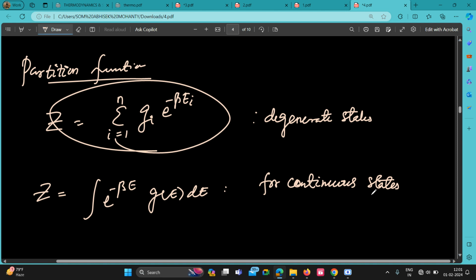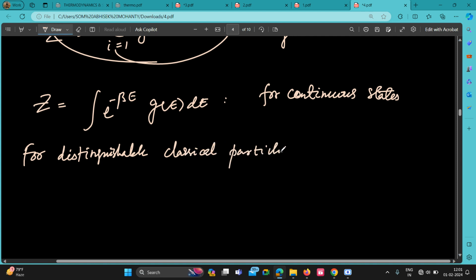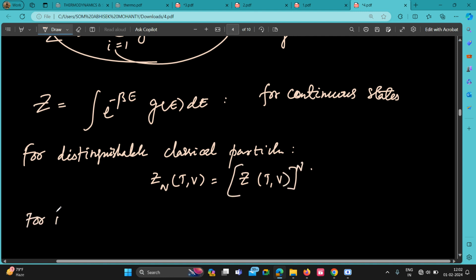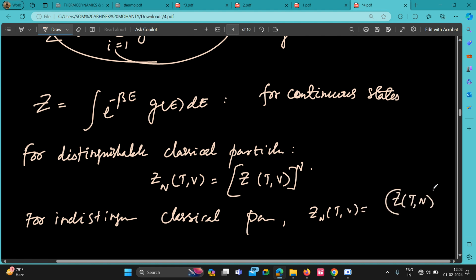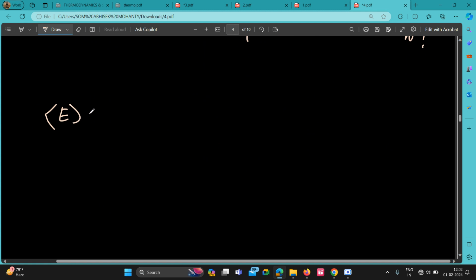Now for distinguishable classical particles, Z_N(T,V) is equal to Z(T,V) to the power N. For indistinguishable classical particles, we have to divide it: Z_N(T,V) is Z(T,V) to the power N divided by N factorial. Now the average energy is minus del by del beta of ln Z_N.